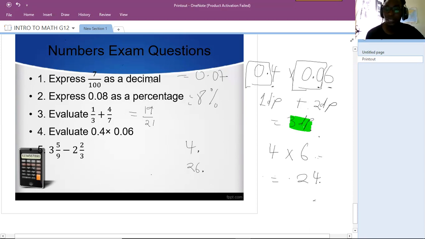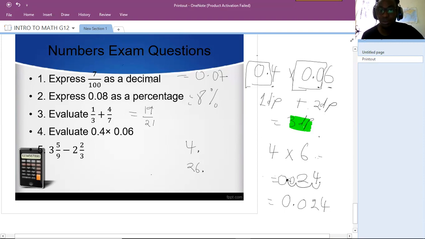Since we had 3 decimal places in total, we're going to move 3 times. So this will be 0, 1, 2, 3. So our decimal point will be there. There's a gap here, so we'll add a 0 and a 0 there. Therefore, our answer will be 0.024.